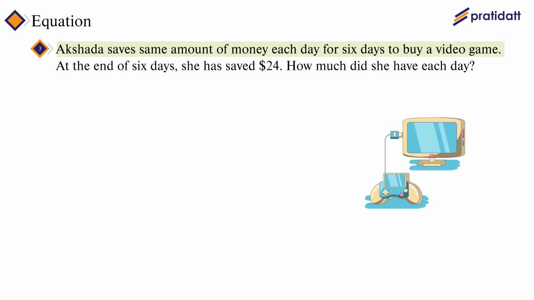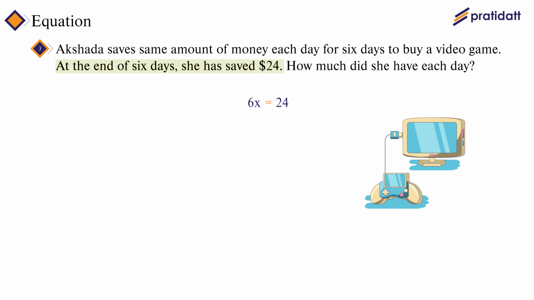Here, Akshata saves some amount of money each day, which is our variable of interest, x. She saves for 6 days to buy a video game, that is 6x. Now, she has saved a total of $24 for 6 days, that is 6x equals 24.